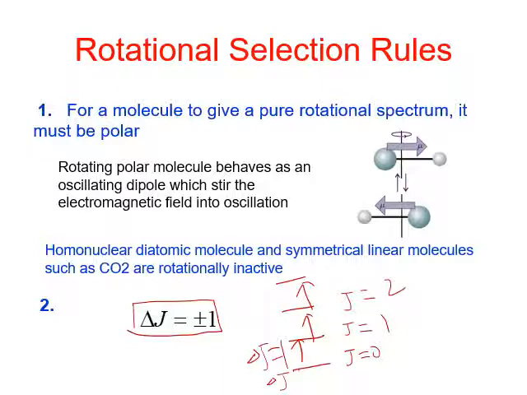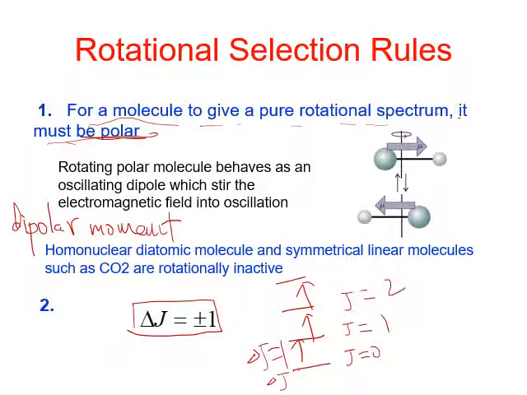Now, the first one says, for a molecule to give a pure rotation, it must be polar. And this is slightly different from vibration. In vibration, the dipole moment must change during vibration.